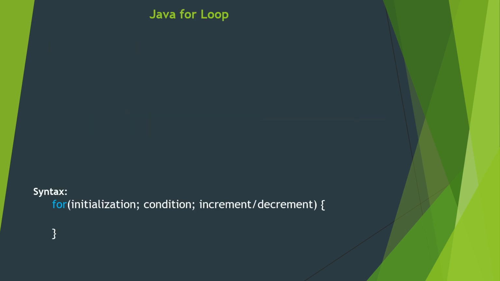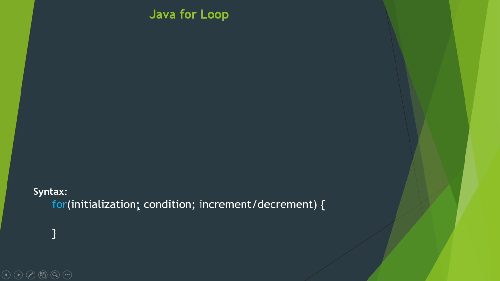This is the for loop syntax, where we have to use for as a keyword, which is highlighted in blue. Then brackets. In the brackets, we have three parts. The first part, or first statement, is initialization. Second is the condition, and the third statement is increment or decrement.